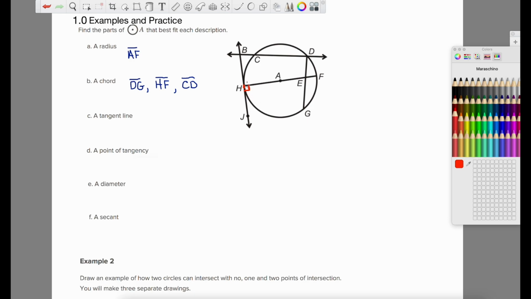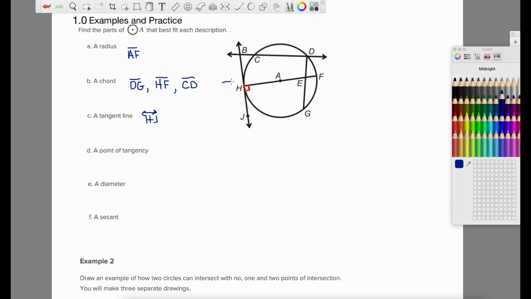So it'd be nice to know that little piece of information. So for a tangent line, we've got line HJ. Of course, we could also say HB or JB is another way of saying that line. I don't see any other ones that are tangent.